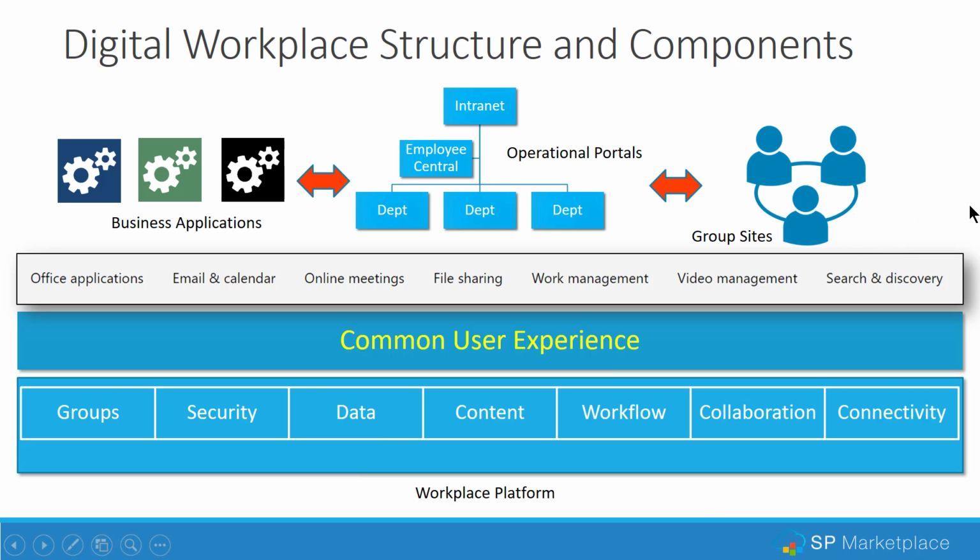So if we take a look again at the overall picture of a workplace structure and its components, you can see that it's all built on that common user platform, and it's built to integrate with each other. So for instance, you might have an HR operational portal which interacts with an HR team on a group site. And that should be seamless. So in other words, if they want to go in and share documents in the group site, they can do that.